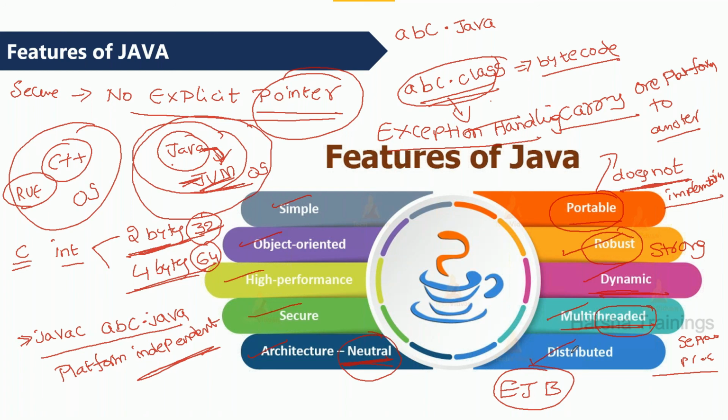Simply, distributed means, for example, in my computer I have some particular file. If you want to access that file from another machine, it is possible through the internet. So we can access files on another machine over the internet; that is distributed. These are the features that are supported by Java.